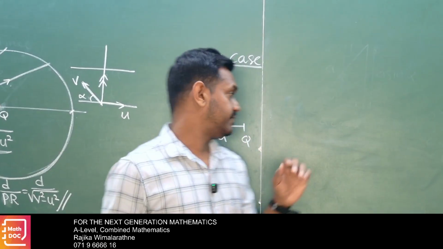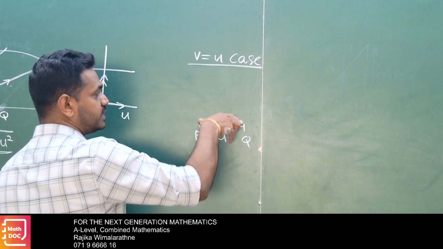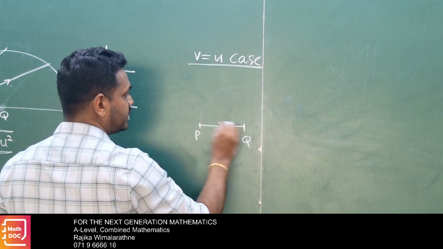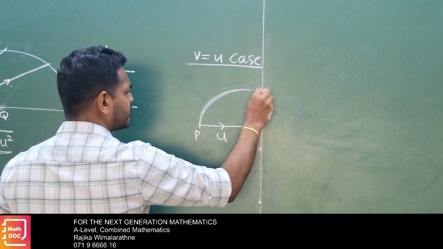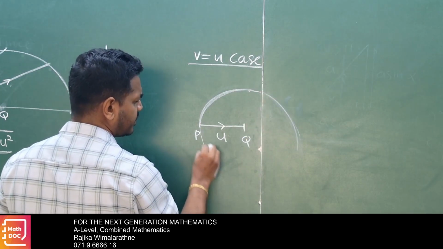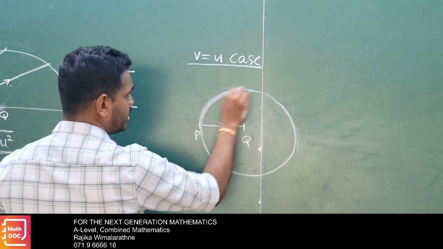Then with Q as center, sketch a circle of radius V passing through this point P. Q center, radius V equal to U now. Here is the circle. Then here are the possible R points.